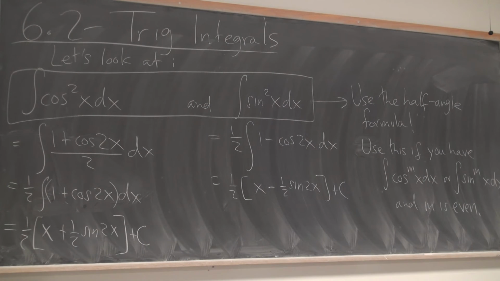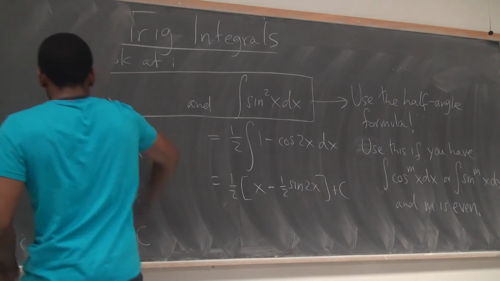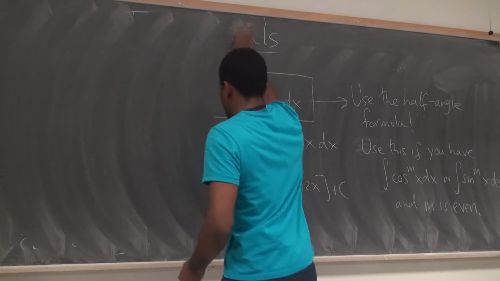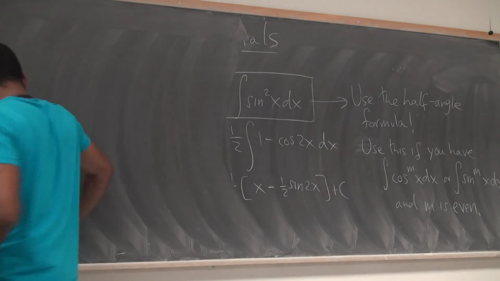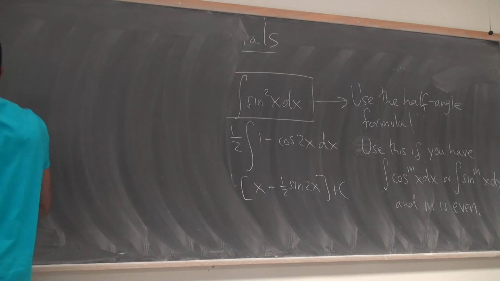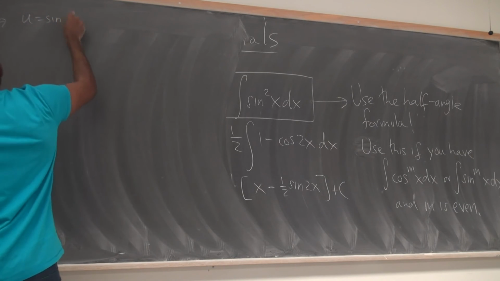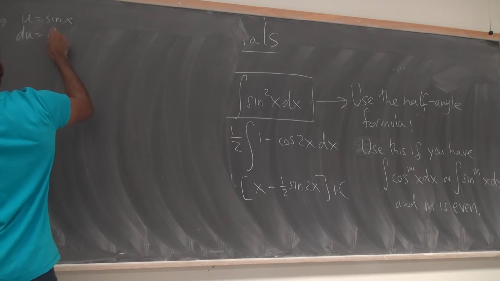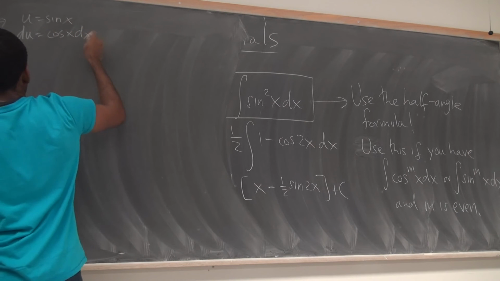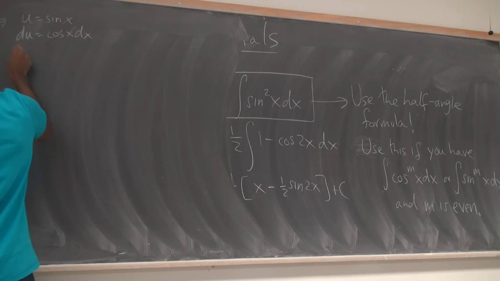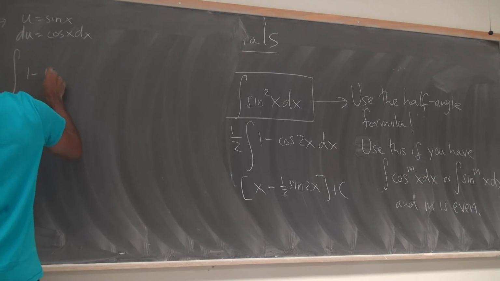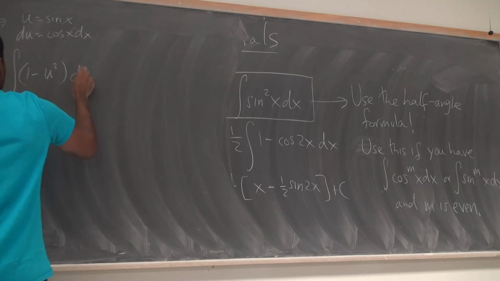Then my du would be that cosine. So then here, u equals sine x, du equals cosine x dx. So this integral becomes the integral of 1 minus u squared du.